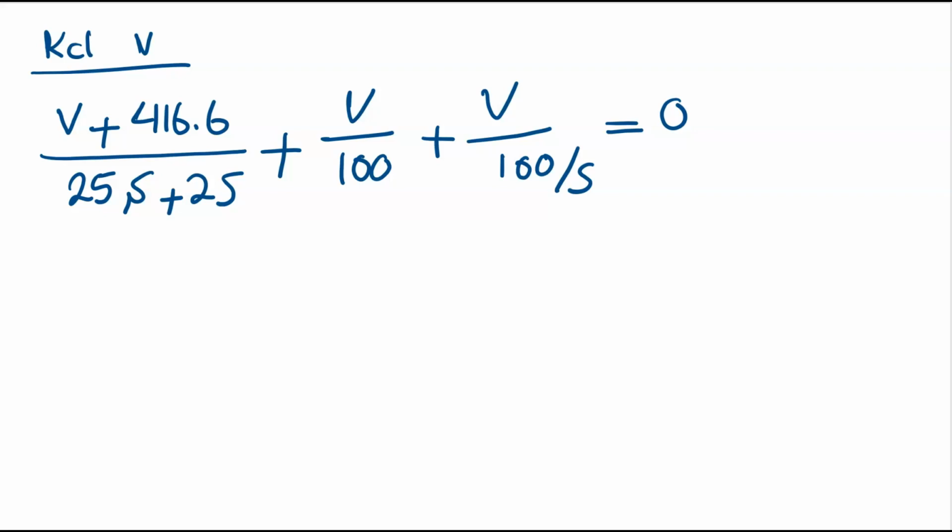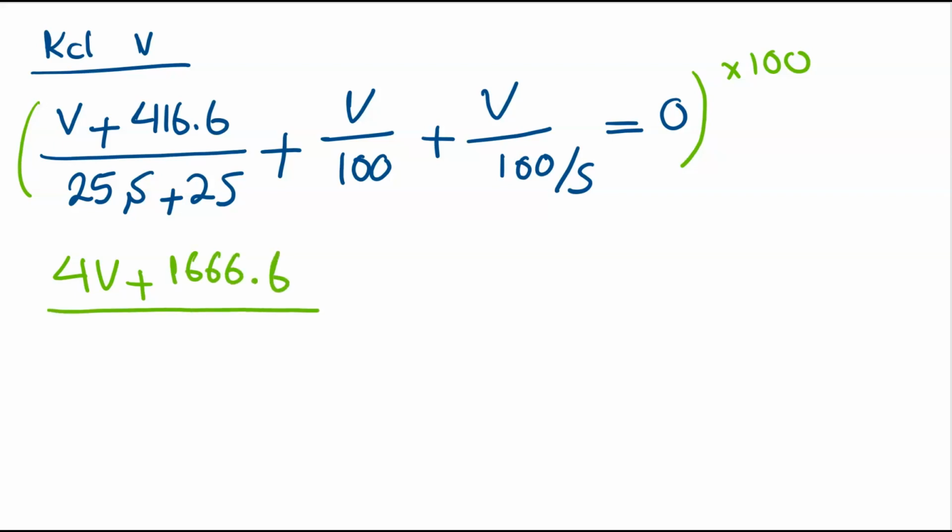In order to solve this equation, first I'm going to multiply everything by 100 to get rid of these hundreds here. Then I'm going to have 4V plus 1666.6 divided by S plus 1 plus V plus S multiplied by V equal to 0.